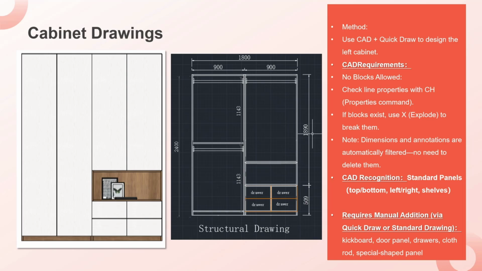For the other panels that cannot be recognized, you need to copy the frame to our JEGA AiCutlist first, then use the quick drawing or the standard drawing to draw them, like draw the back panel, kit board, drawer panel, drawers, clothes rack, and other special shape panel.